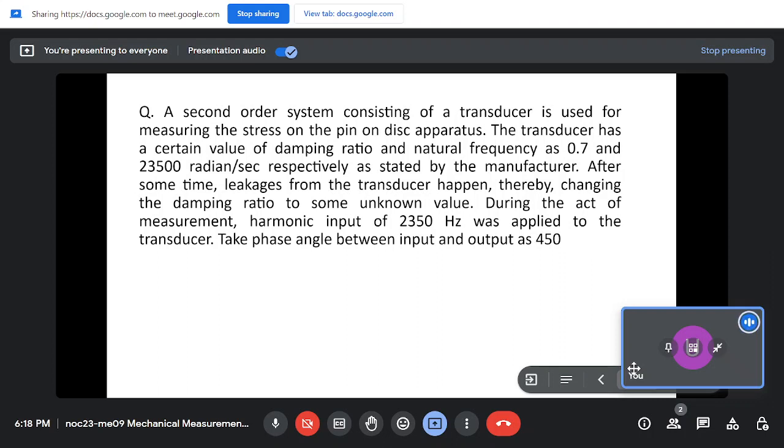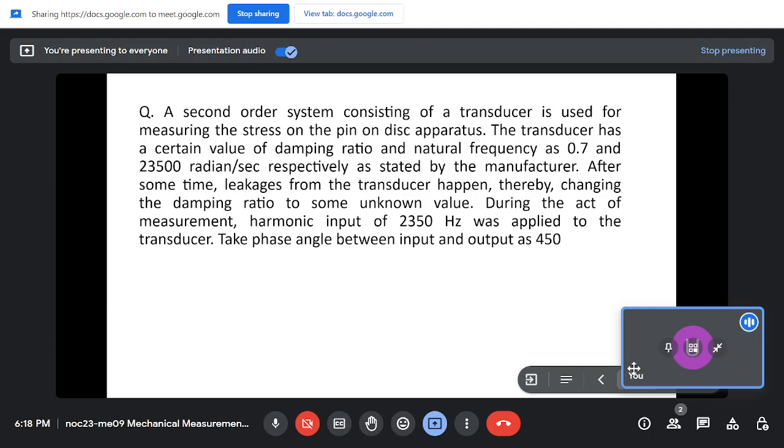as stated by the manufacturer. So the manufacturer has already stated the damping ratio and natural frequency for the pin on disc apparatus, and then after some time leakages from the transducer happen, thereby changing the damping ratio to some unknown value. So based on usage, the damping ratio is changed to some unknown value.